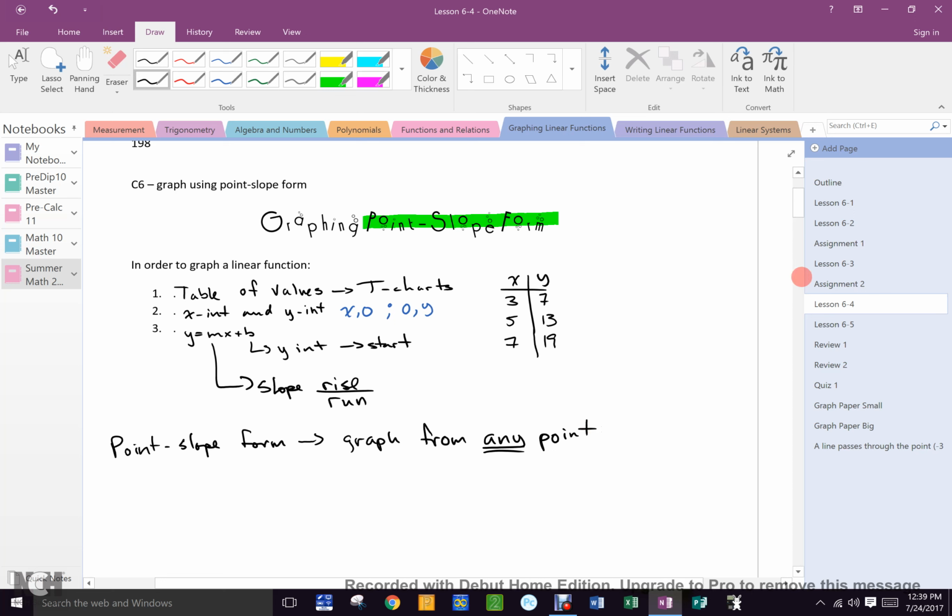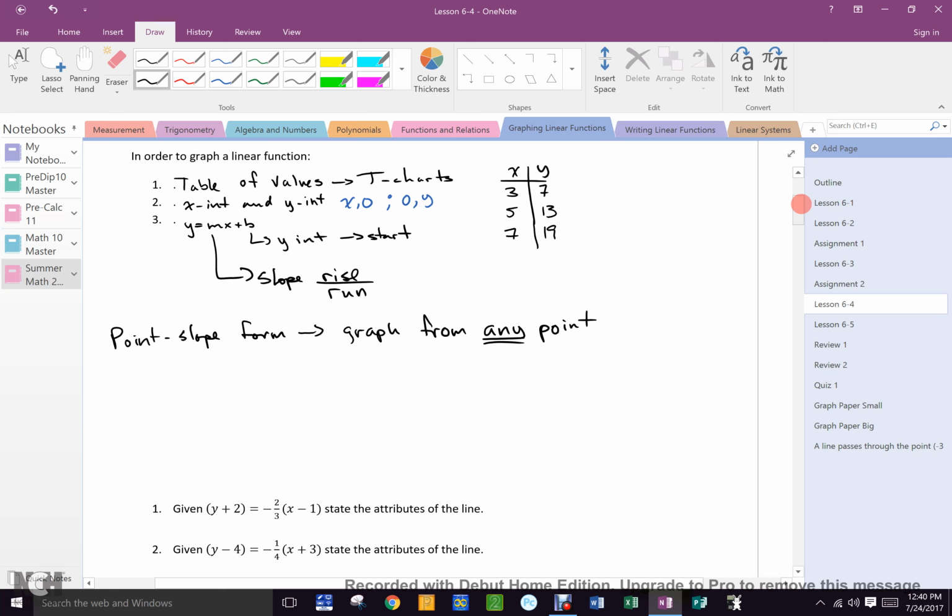Now, point-slope form, it's not moving anywhere past there. Point-slope form's a little weird, okay? I'm going to write it out, and you're going to see what I mean by it being a little weird. y minus y1 equals m(x minus x1).